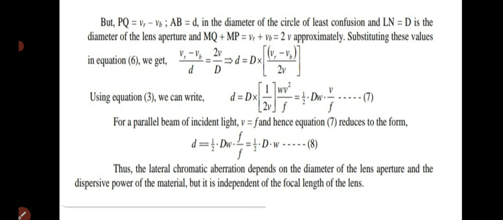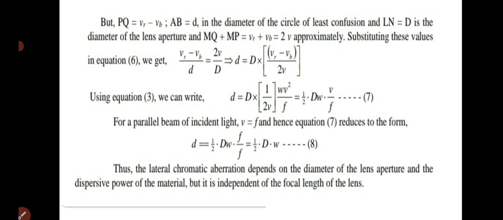But PQ is equal to VR minus VB and AB is equal to small d, the diameter of the circle of least confusion, and LN is equal to capital D, the diameter of the lens aperture, and MQ plus MP is equal to VR plus VB, which is approximately 2V.